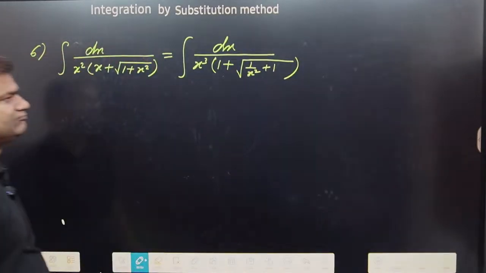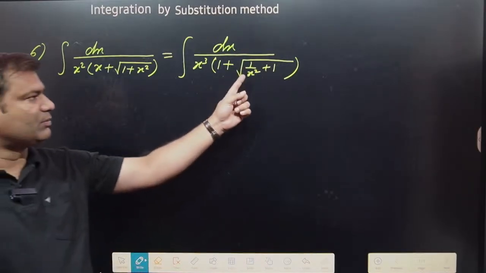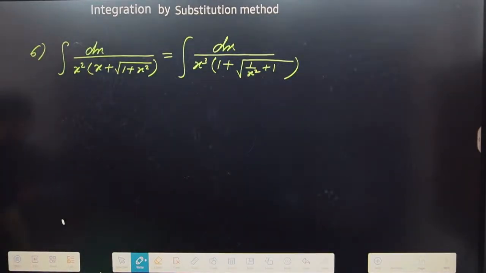Very simple. Everyone can try. Which part is taken t? Which one is very complicated? That part 1 upon x square plus 1 is taken t. Good. Everyone can try. Then after that I will explain.